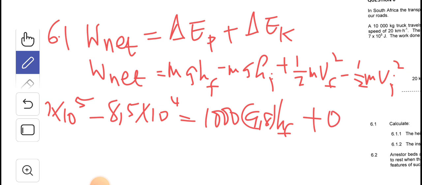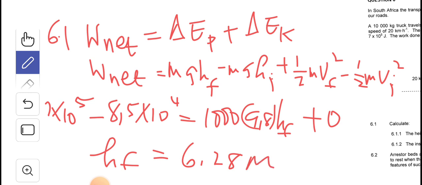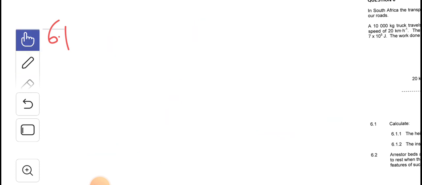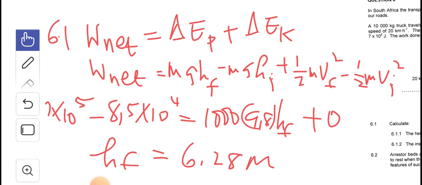Therefore, if we continue, we find that our h final is 6,28 meters. So the height reached by the truck will be 6,28 meters. Okay, and then now we proceed.